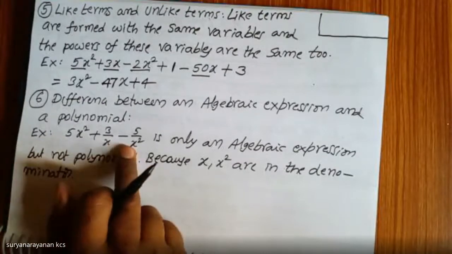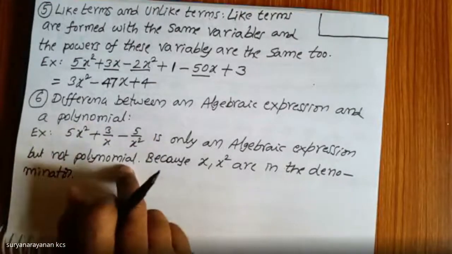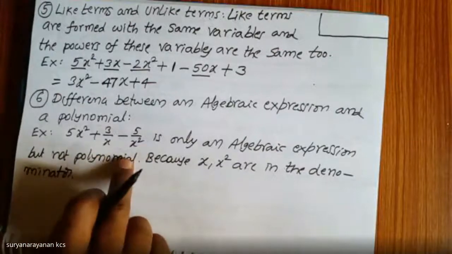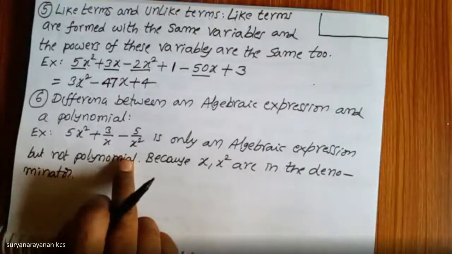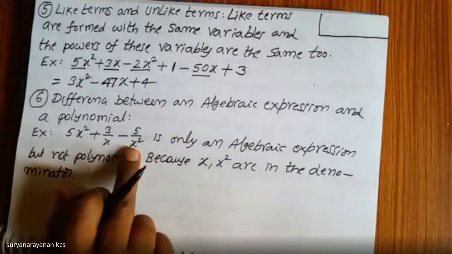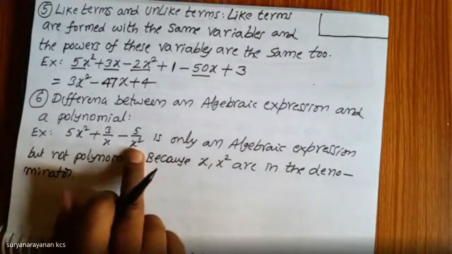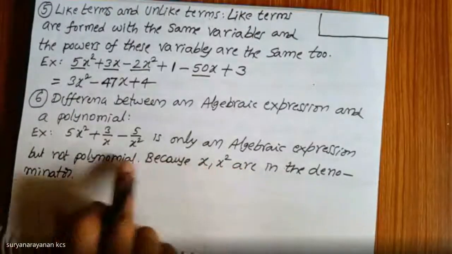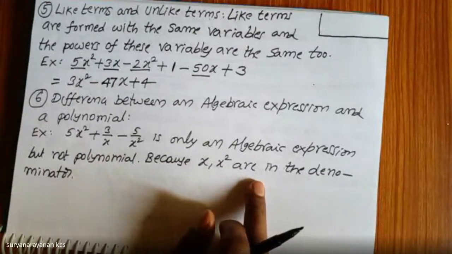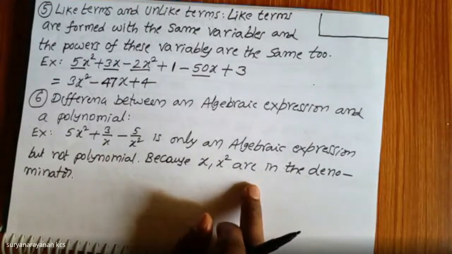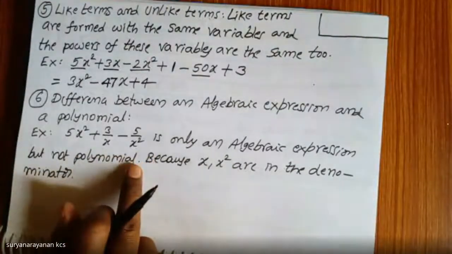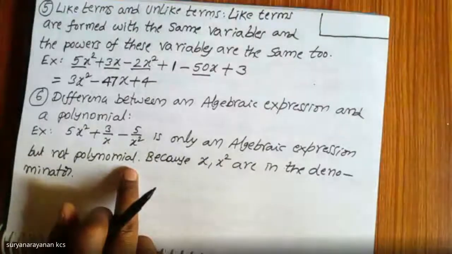An algebraic expression is also a mathematical sentence. But the small difference between these two is that in the denominator, variables should not be written. If you write variables in the denominator, then it is not said to be a polynomial. Okay, my children, understood this point? Variables should not be written in a denominator.